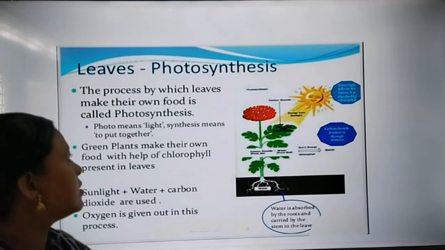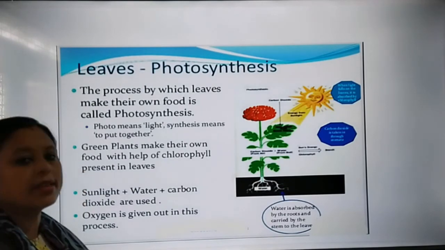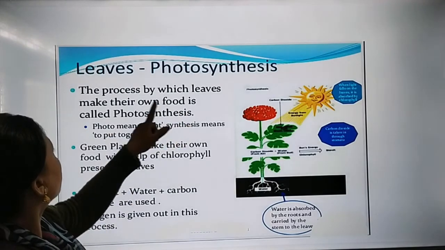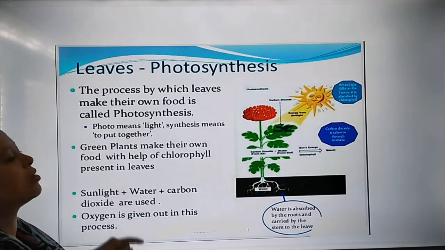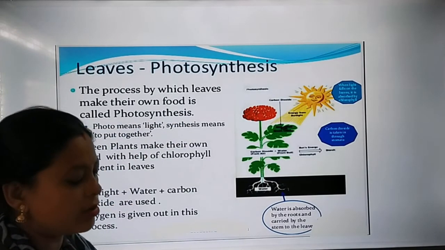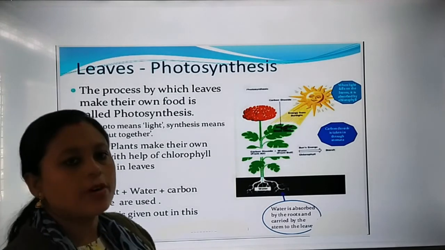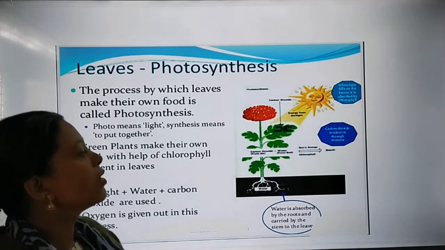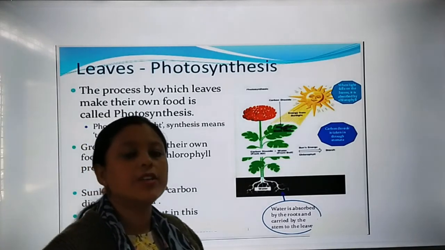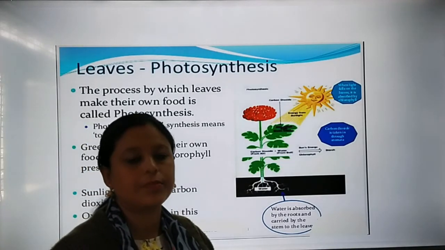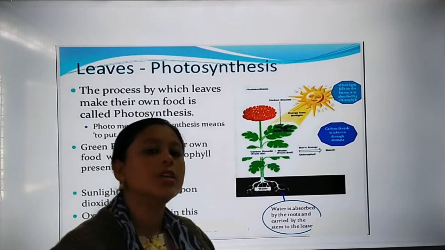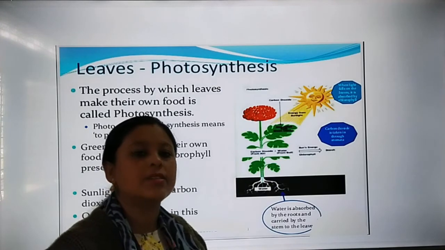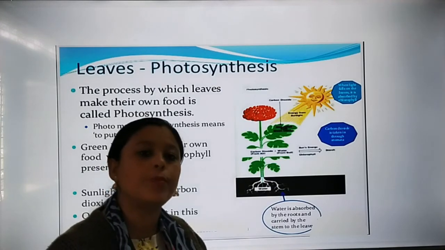So next one is photosynthesis in leaves. The process by which leaves make their own food is called photosynthesis. So children, we have studied the parts of a plant. Plants also need food, like us. But which part of the plant makes food for the whole plant? Let us study. Leaves. That means the leaves of the plants make food for the whole plant.